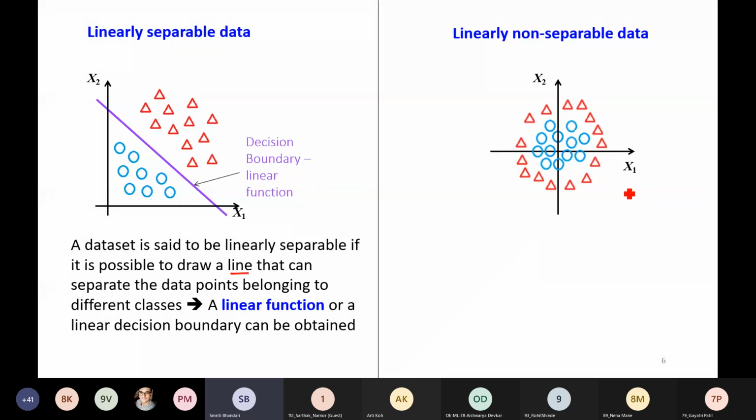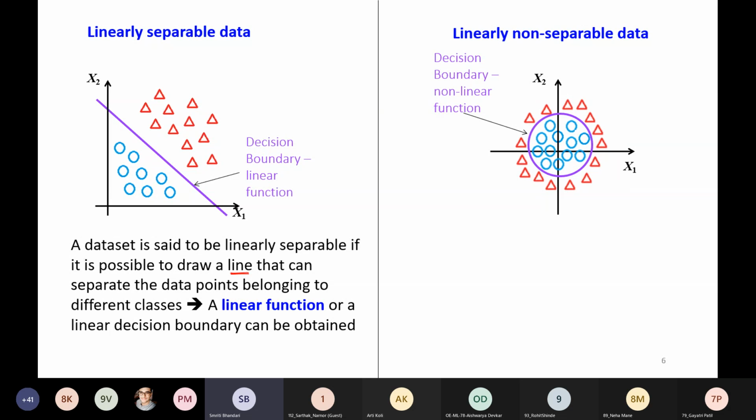So I need to think of some function that is non-linear. So I may come up with such a non-linear function. Here we are using a circle. So here we are using this non-linear function as the decision boundary.